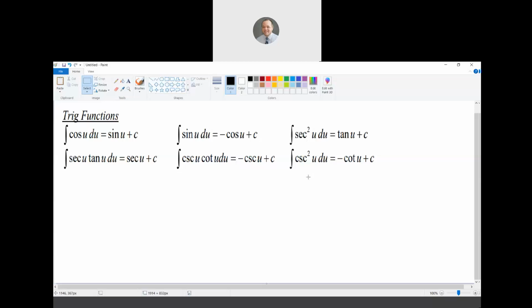And then finally, the integral or antiderivative of cosecant squared is negative cotangent plus your constant c. So make sure that you know these six basic antiderivatives for lesson 19 and beyond.